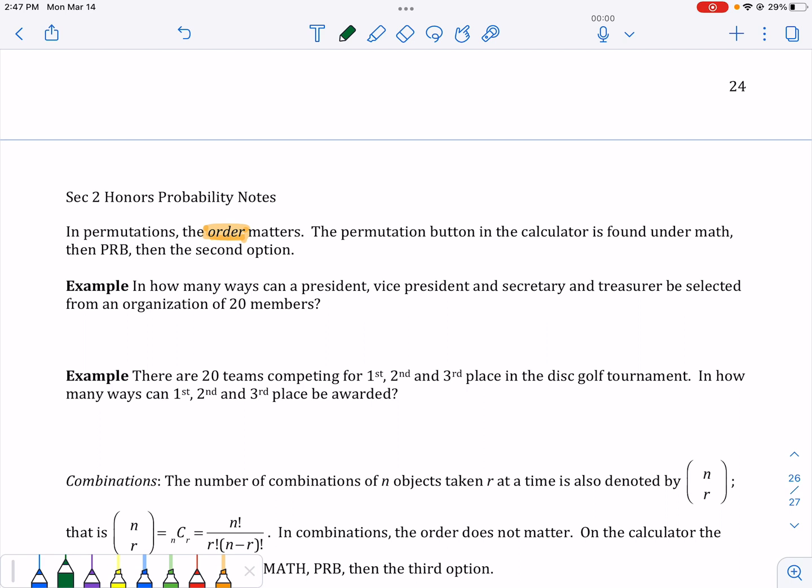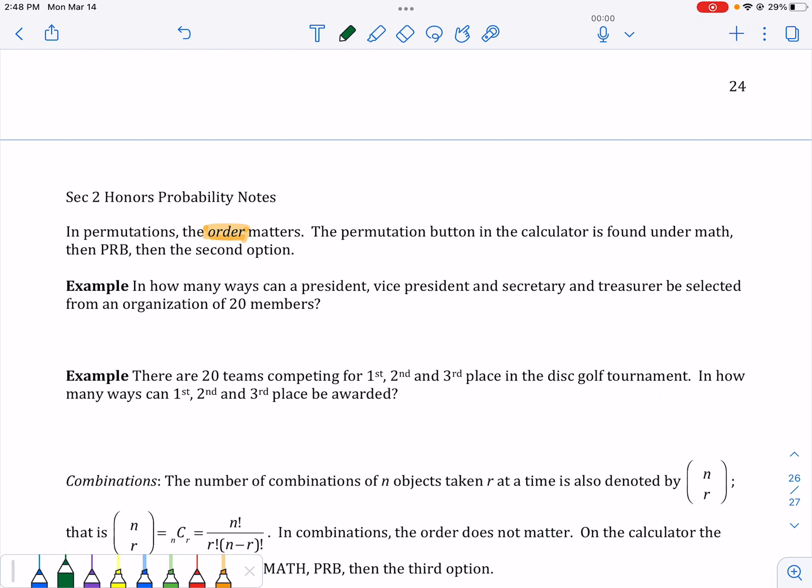The president versus the vice president is different. Okay? If order doesn't matter, so if I'm just getting people into groups of 3, I don't care if I call Mary first, John second, and Luke third, as opposed to Luke, Mary, and John, okay? Or whatever names I said. So here, your permutation is where your order matters.